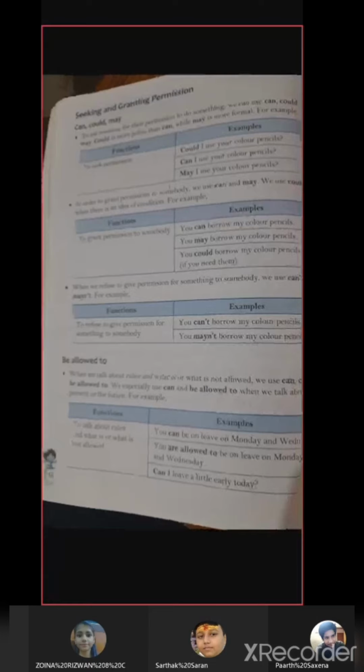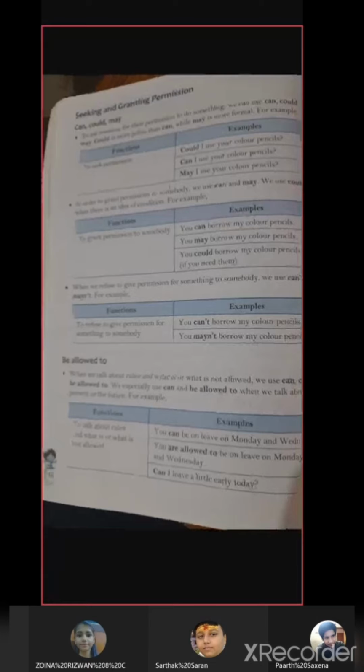Okay. Then the next heading is be allowed to. When we talk about rules and what is or what is not allowed, we use can, could, or be allowed to. We especially use can and be allowed to when we talk about the present or the future. So see here, you can be on leave on Monday and Wednesday.